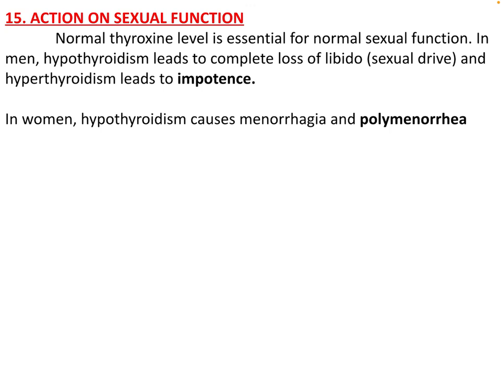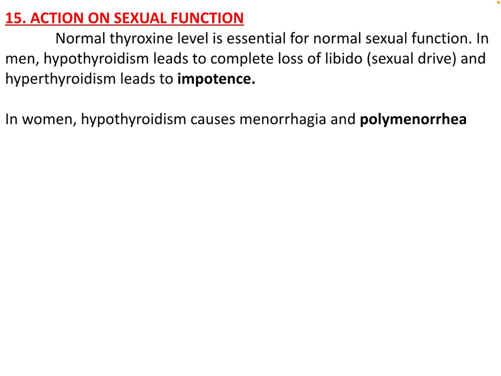Next is action on sexual function. Normal thyroxine level is essential for normal sexual functions. In men, hypothyroidism leads to complete loss of libido, that means sexual drive, and hyperthyroidism leads to impotence.